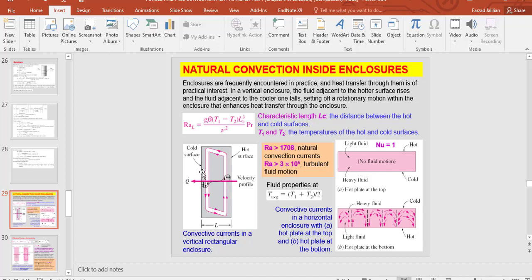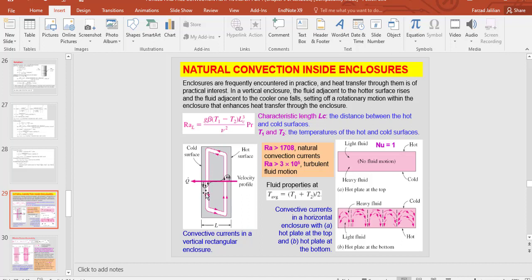As you can see here, we have hot and cold surfaces. For example, this is the hot surface, this is the cold surface for an enclosure, and you can see the flow and the direction of motion of the fluid inside the enclosure.